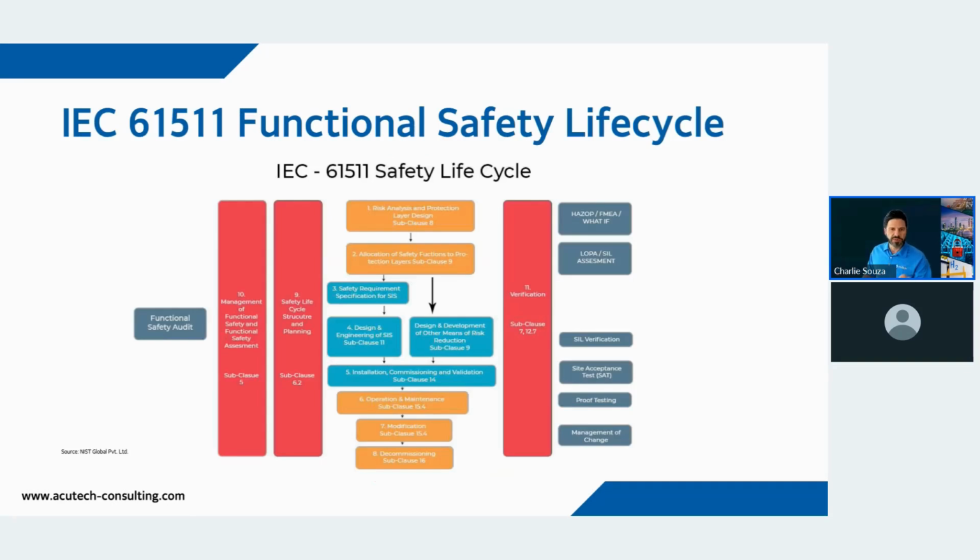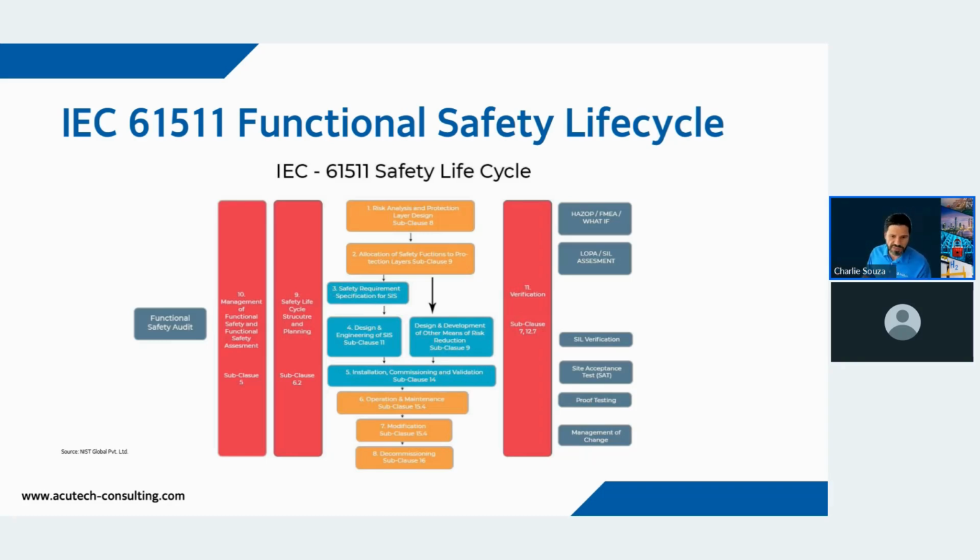Just like I did with the 14 elements of PSM, I want to show you a quick overview of the functional safety lifecycle. At first you have quite a lot of information here. We don't need to follow each box in order, but there are some things I want to point out.